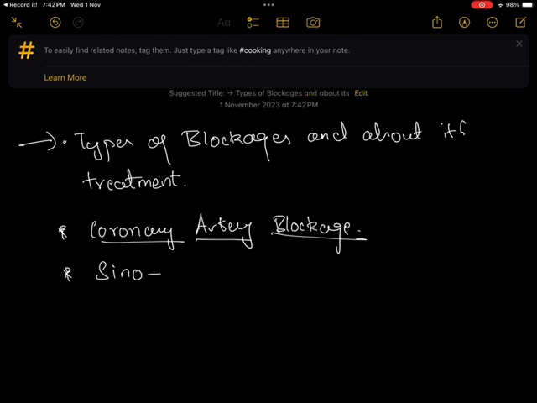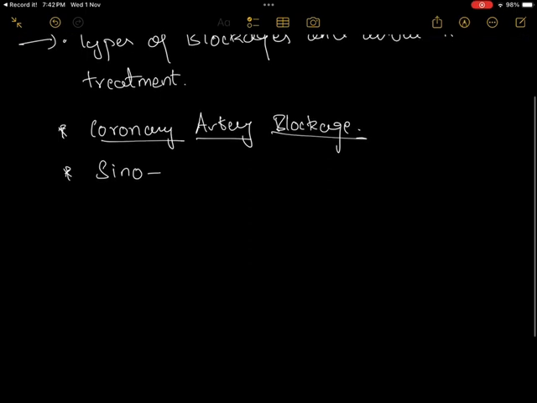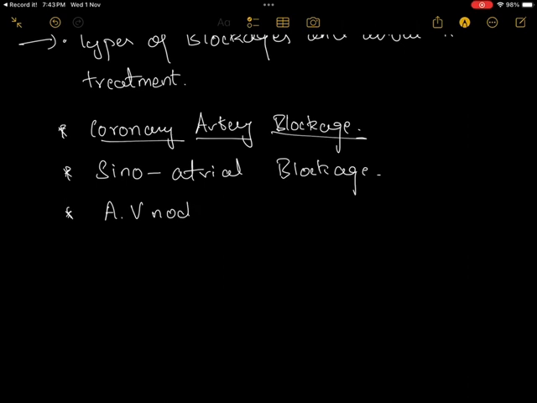So today we'll be learning about sinoatrial blockage and about AV node blockage, or what we also call junctional blockage.